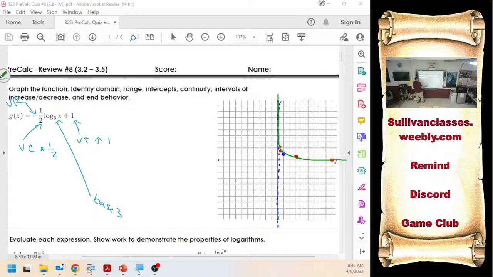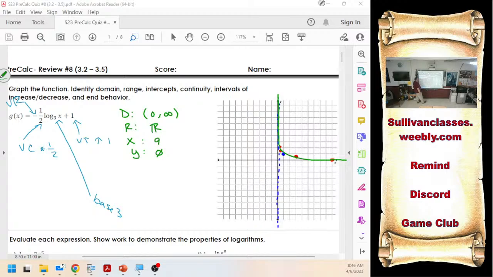Okay, now all the stuff. Domain: from 0 to infinity, like most logs, unless I have a horizontal translation. My range is still all real numbers. My intercepts: we never hit the y-axis, but my x-intercept is nicely over there at 9.